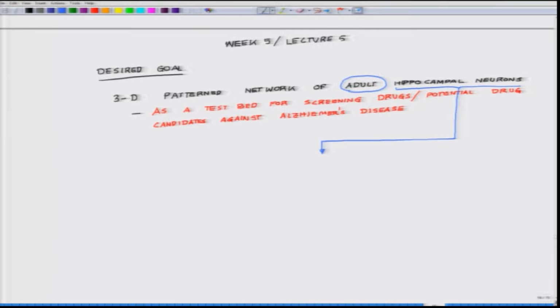And of course, in this case the possible model system, animal system, could be three possibilities. To start off with, a rat, mouse, and if the situation permits, then going for human neurons obtained from the surgery table.